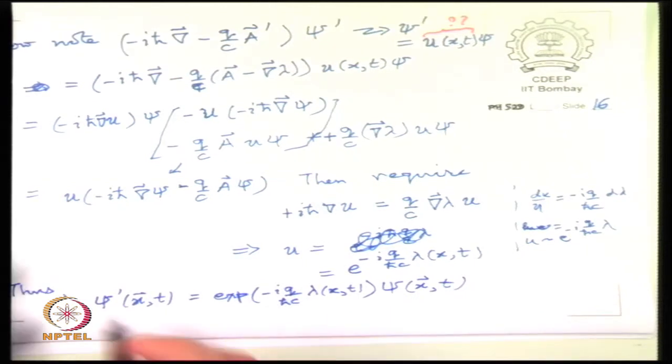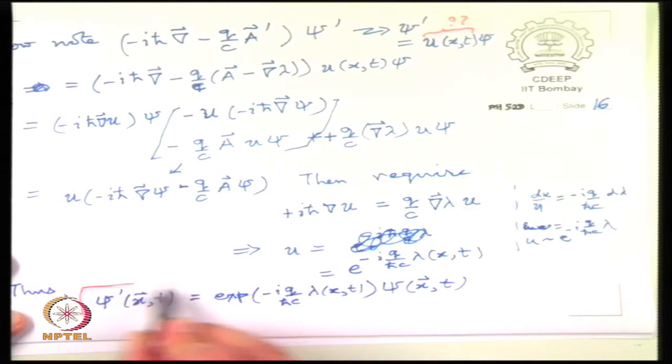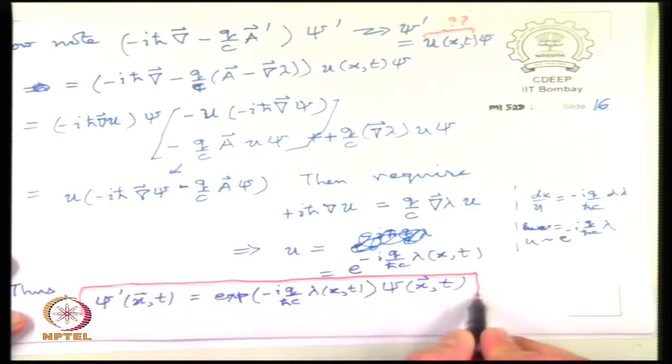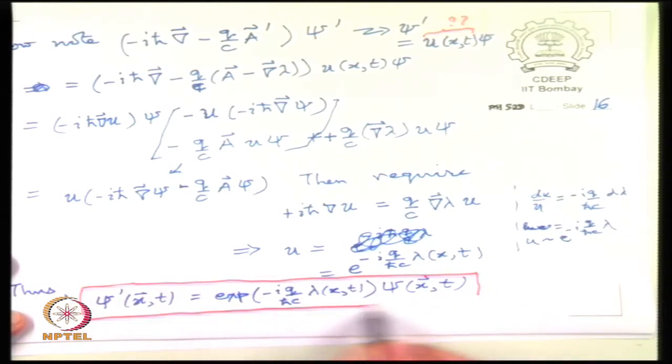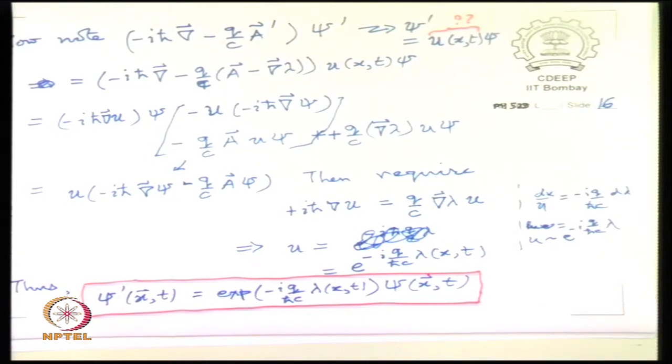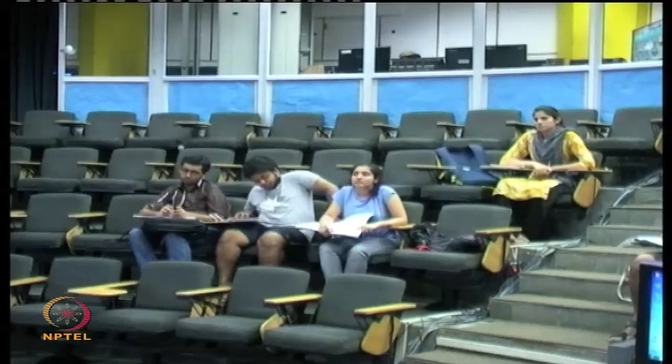So if I play this game of shifting the electromagnetic potentials by gradients of lambda, I can compensate it by shifting the phase of psi in a space-time dependent way. This is the big thing.